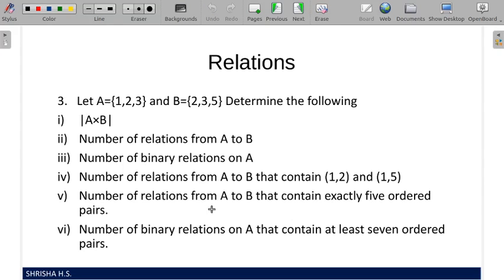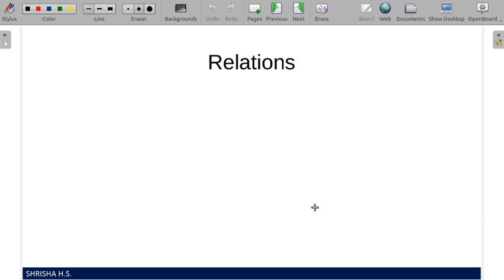Next one, the number of relations from A to B that contain exactly 5 ordered pairs. The number of elements in A cross B, the Cartesian product, is 9. While forming the relation, which is a subset of A cross B, every time you are compulsorily taking 5 ordered pairs. Every time you form a relation, you should have 5 ordered pairs.